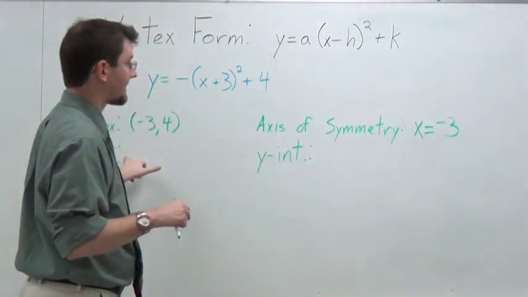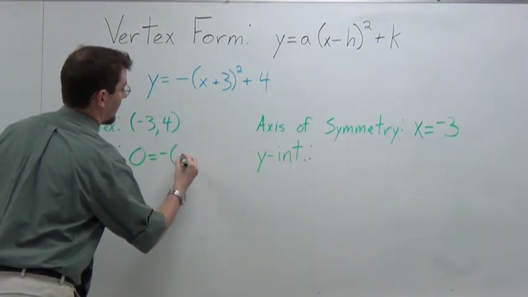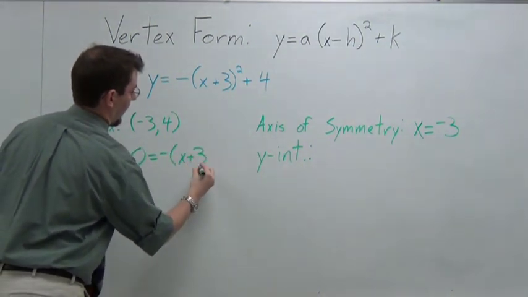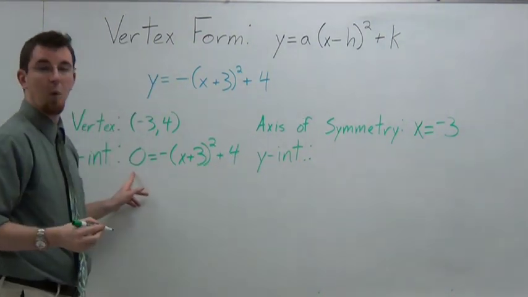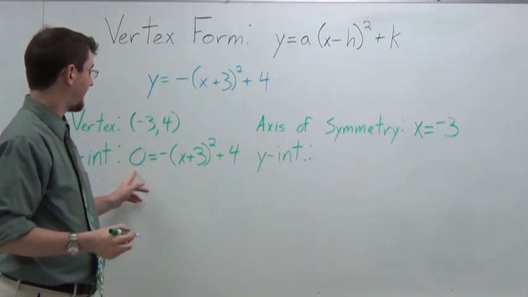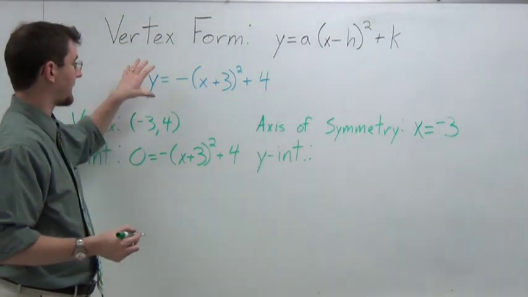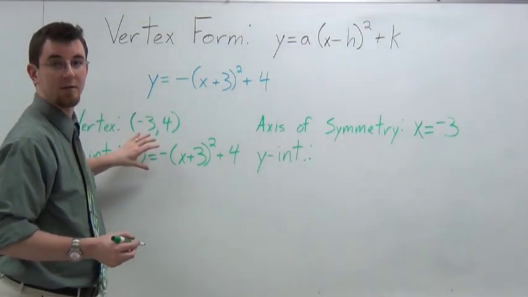So for the x-intercept, I replace y with 0. And the reason I do that is I'm going to go ahead and plug that in to see where, when y is 0, where does it cross the x-axis.